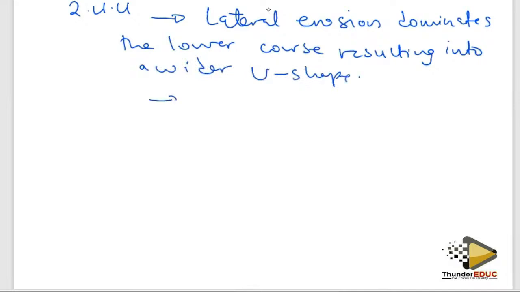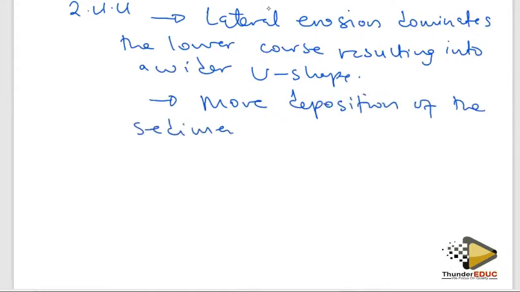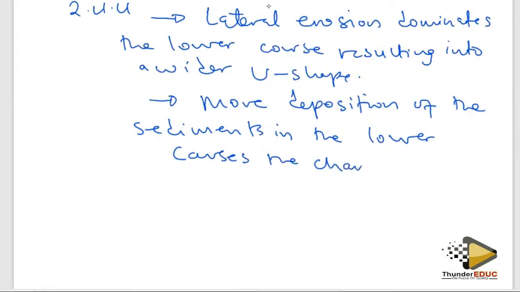Okay. As well, we would say more deposition of the sediments, of course, causes the channel to be shallow.